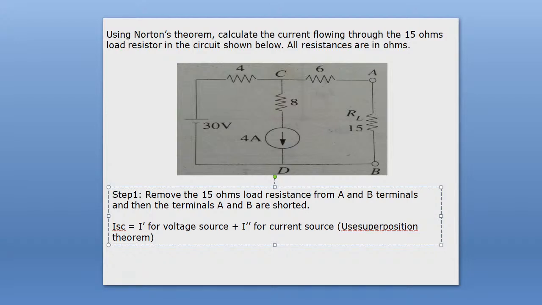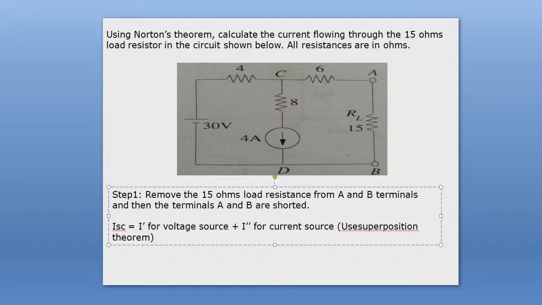We will calculate current for voltage source, and then we will calculate current for current source. Now you tell me what will be the value of short circuit current for this given circuit.